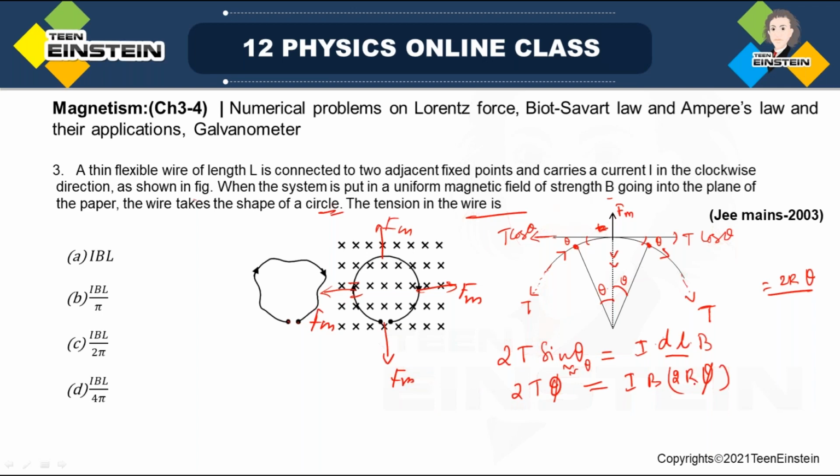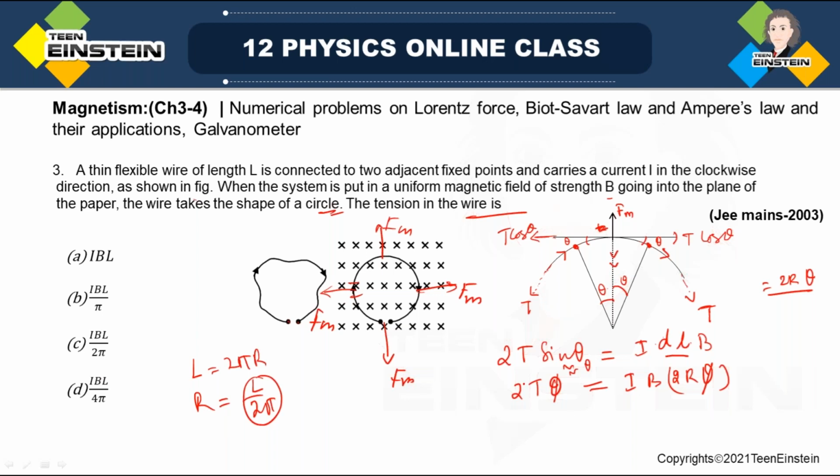So this L has to be brought, and R has to be replaced by L. Okay, so in this case, look, the total length is L is equal to 2 pi r. So R will be L by 2 pi. Okay, this is what we can write.